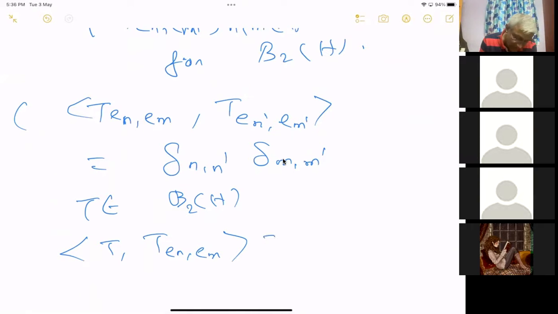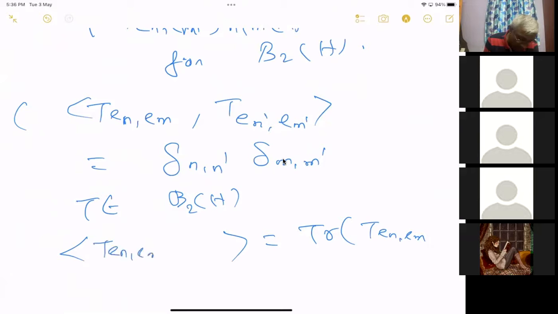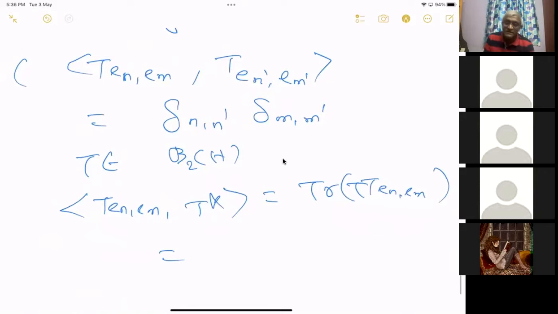If you compute this inner product, which is just the trace of T_{E_n,E_m} with maybe T star, you do the calculation that I have already done, and that will precisely equal T of E_n, E_m, possibly with n and m interchanged.